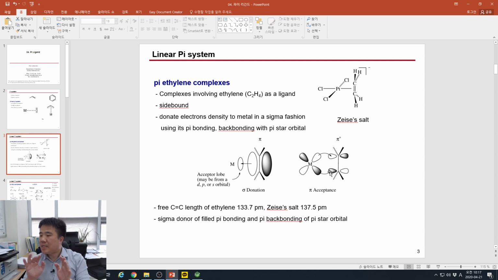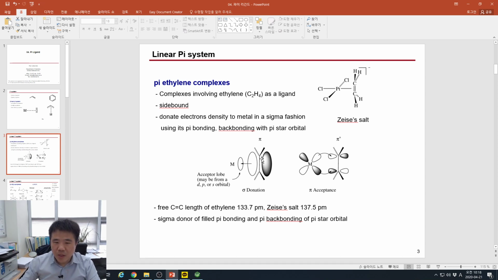So similar to carbon monoxide, the double bond can act as a sigma donor and pi acceptor. So this pi system, pi ligand, can make good coordination to transition metal.